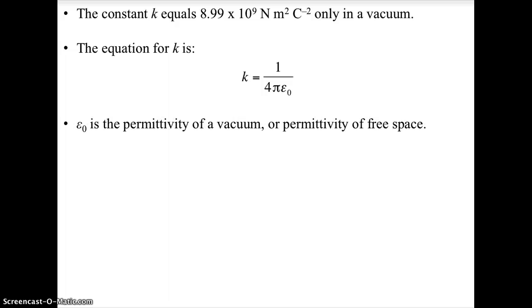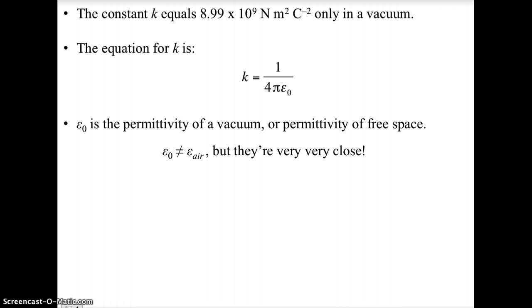So in our equation for electric force and in the equation for E field strength, there's this constant K, but the thing about the constant K is it's only equal to 8.99 times 10 to the 9 when we're dealing with a vacuum. We could actually calculate K using this equation. K is equal to 1 over 4 pi times epsilon sub 0, and epsilon naught is called the permittivity of a vacuum, or the permittivity of free space, by which we mean empty space.